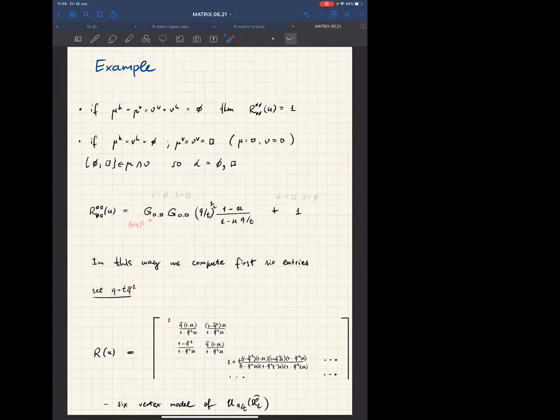But if you remember the 6 vertex R matrix, then you will immediately see it over here. And this will be the 6 vertex R matrix with the deformation parameter q tilde, which is equal to q over t. So it's going to be the R matrix of this quantum affine algebra.